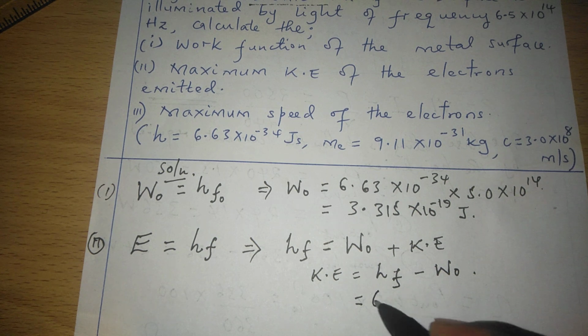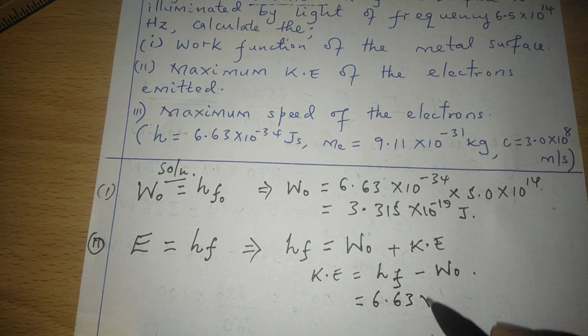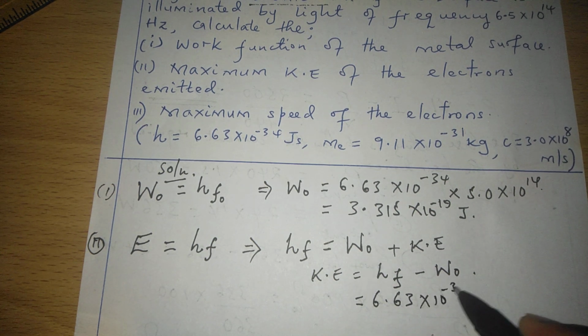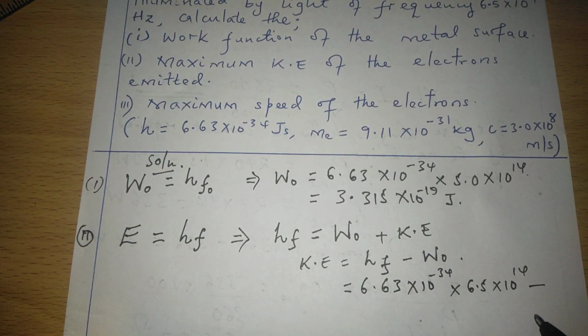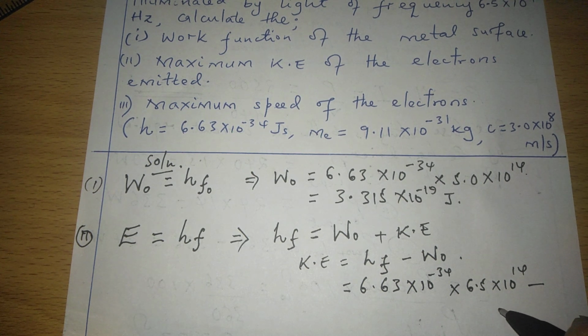Therefore, we shall have 6.63 times 10 to the power of negative 34 multiplied by 6.5 times 10 to the power of 14, then we subtract the work function, which is already calculated as 3.315 times 10 to the power of negative 19.